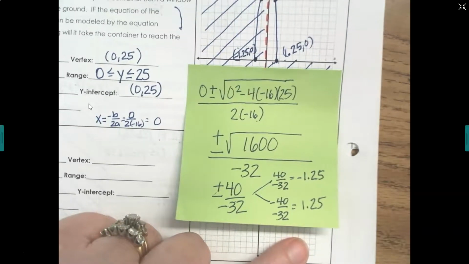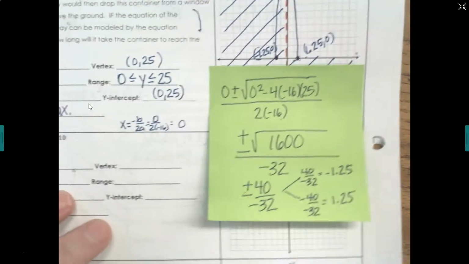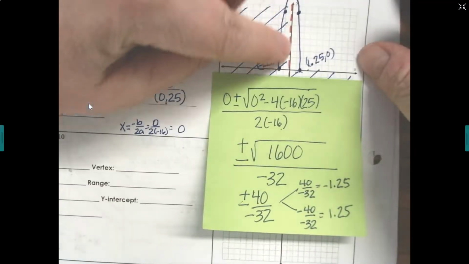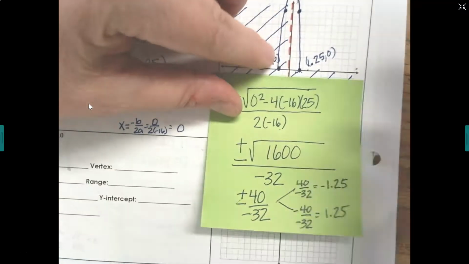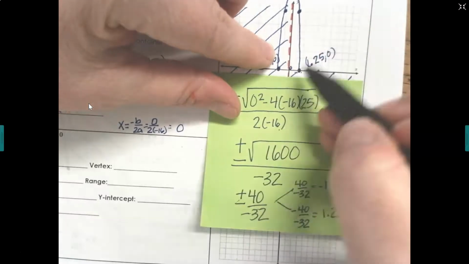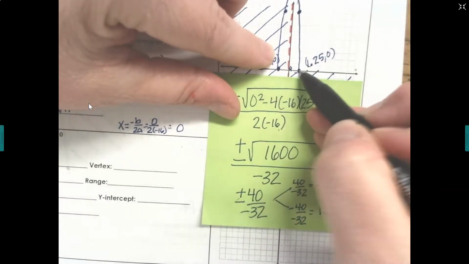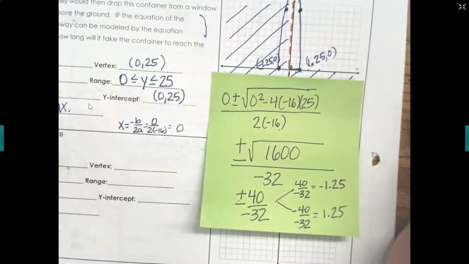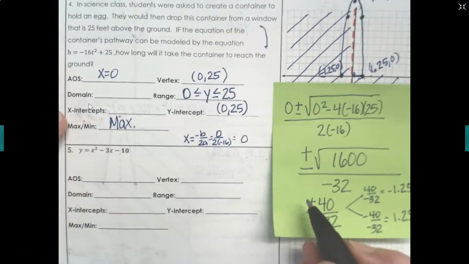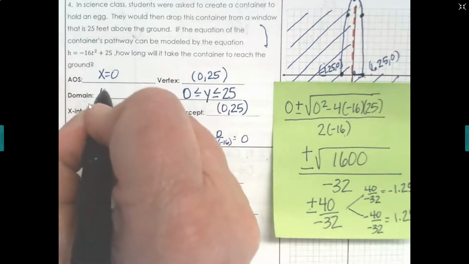But we're talking in the real world. Okay, so in the real world, when I start talking about my domain, I need to start at the real world spot. So the x value there is 0. So from 0 to 1.25, that's the whole domain. This little section right there, that's the domain of this graph. So it starts at 0.